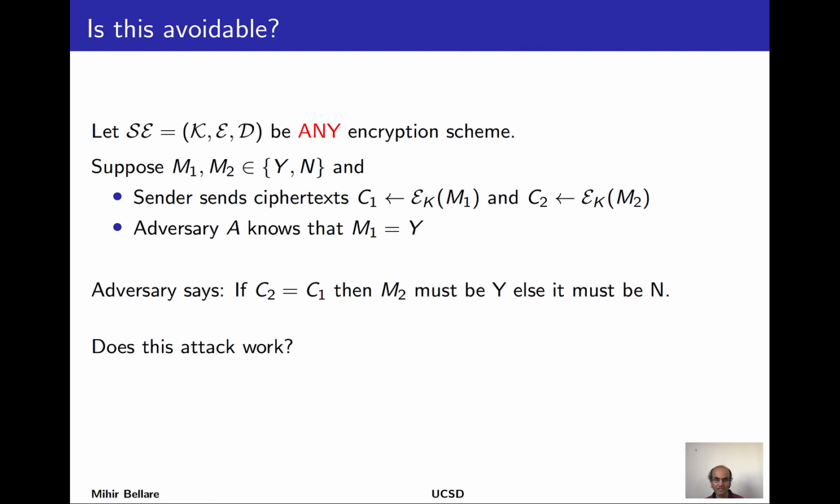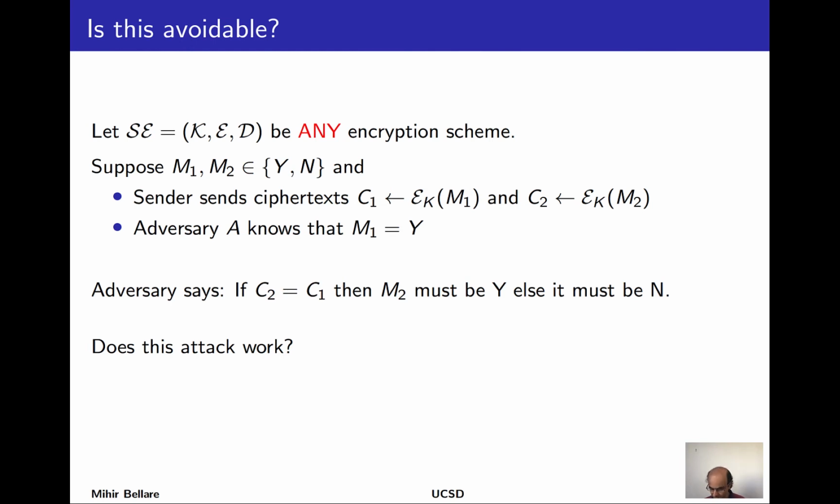But the adversary knows that the first message is a yes. It's trying to determine whether the second is yes or no. Well, let's do the same attack as we did for ECB. We check whether C2 equals C1. If they're equal, M2 must be a yes, otherwise it must be a no.